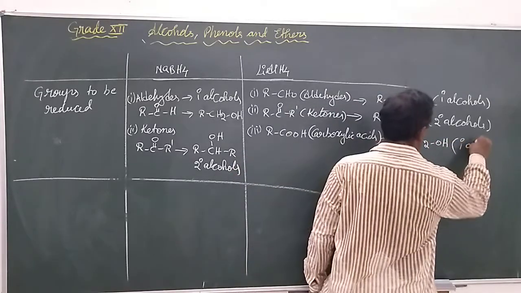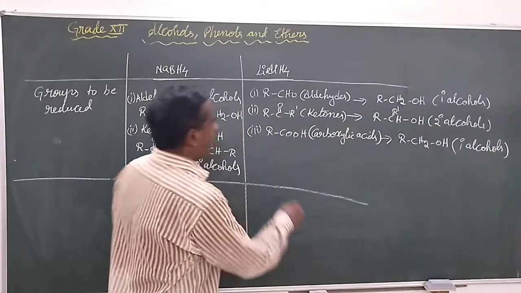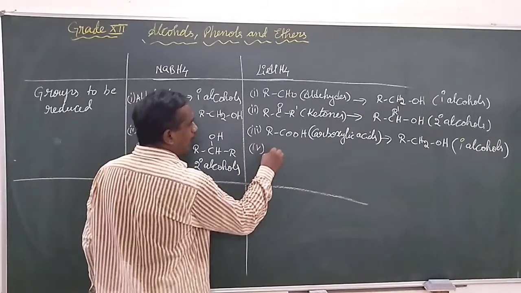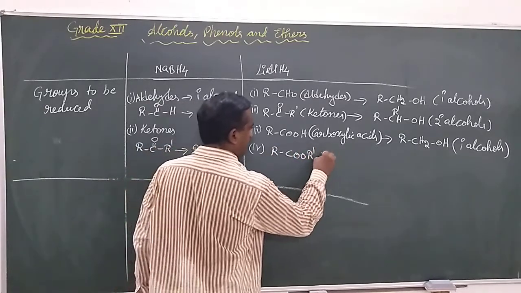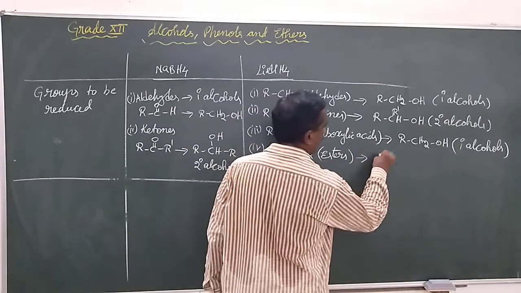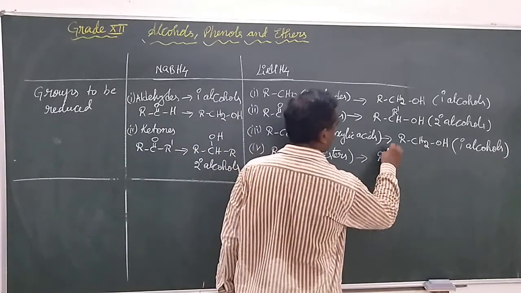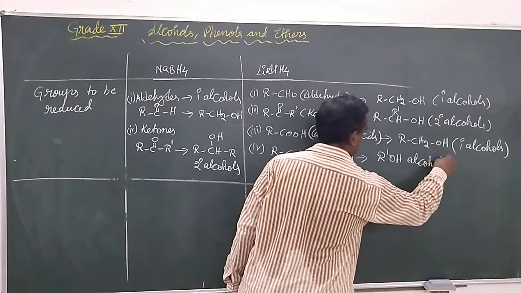Carboxylic acids are also reduced into primary alcohols, and also the esters, RCOOR dash, esters are also reduced to alcohols.